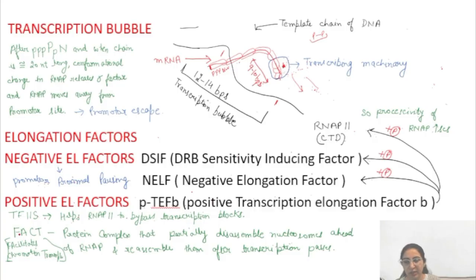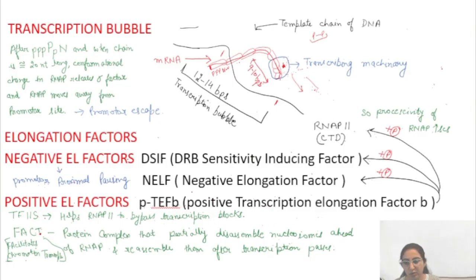One more example is FACT, facilitates chromatin transcription. This FACT is actually a protein complex that partially disassembles the nucleosomes ahead of the RNA polymerase and reassembles them after the transcription passes. When the nucleosomes are disassembled, that makes the DNA molecule available for the process of transcription.